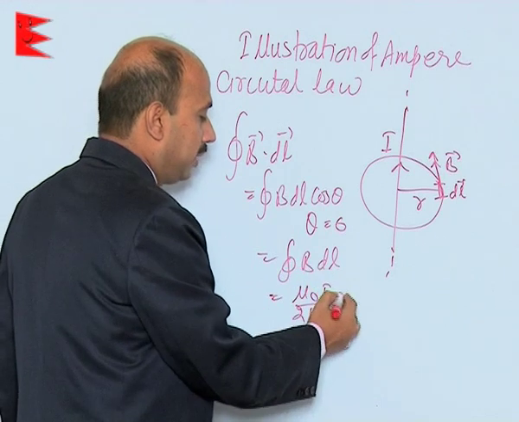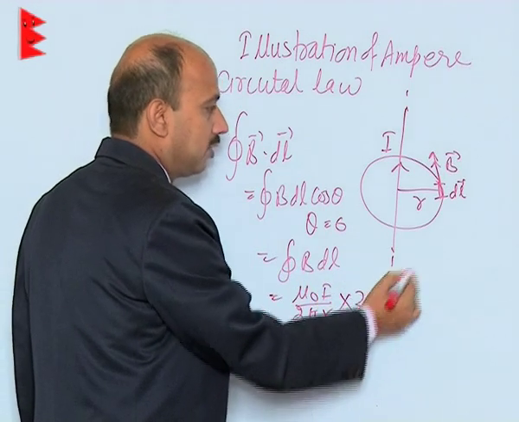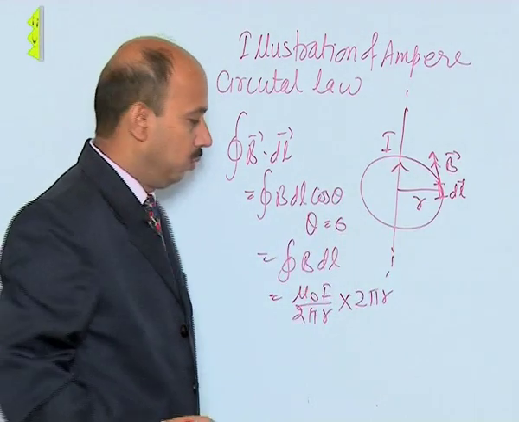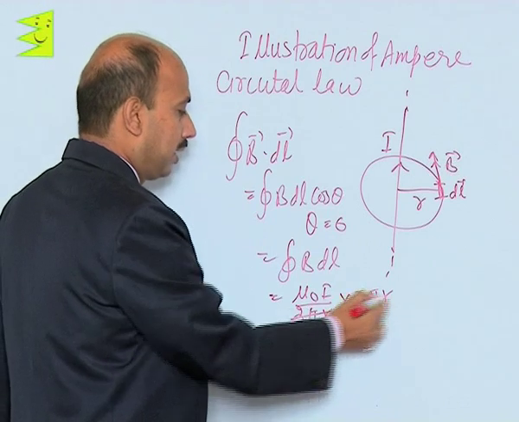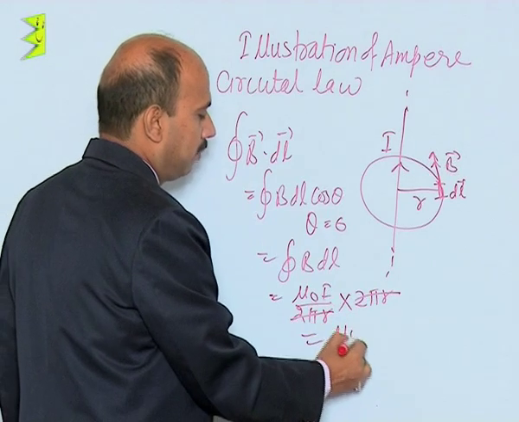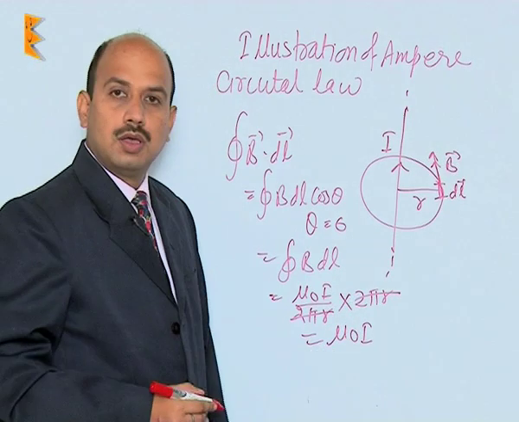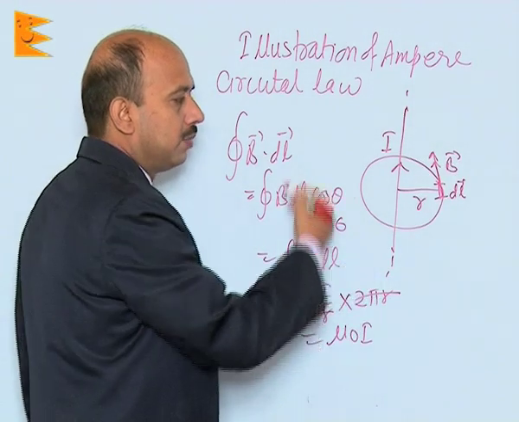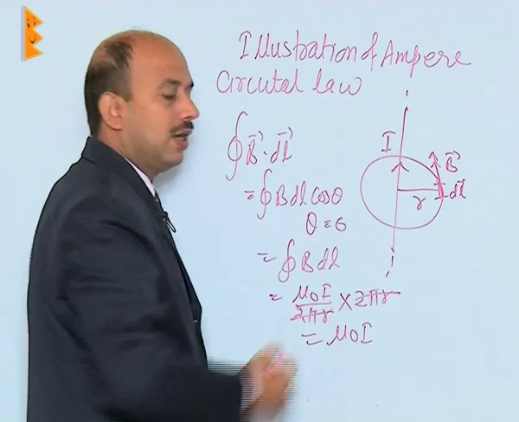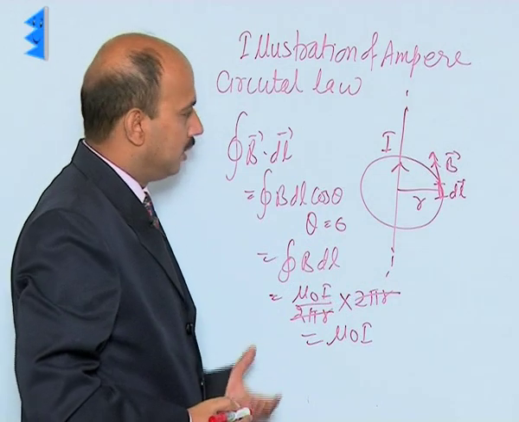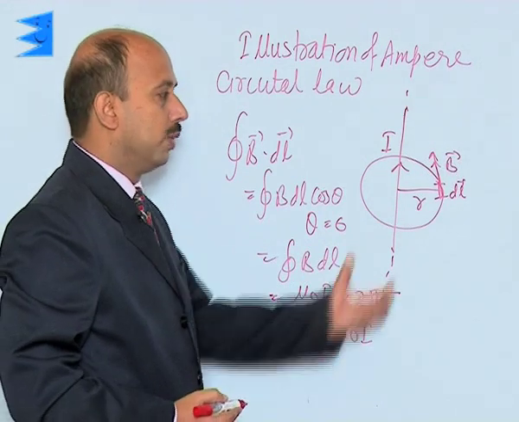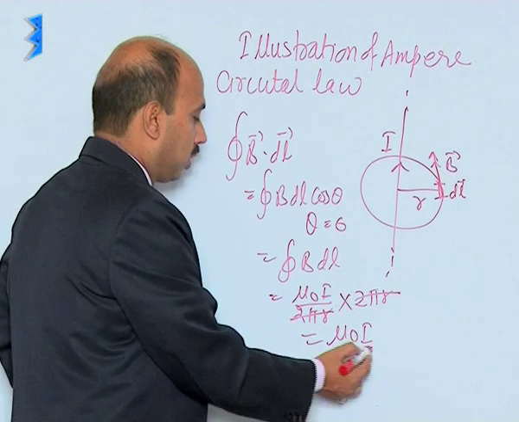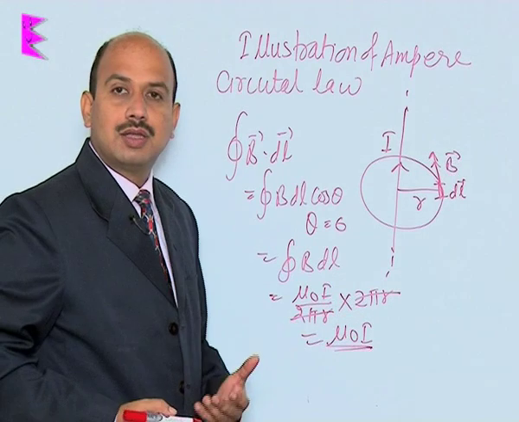Then the integration of dl we can write as just 2 pi r, this is along the circumference of this Amperian loop, and this will get cancelled. So, we will get mu naught I. So, we have taken the Amperian loop and the magnetic field due to an infinitely long straight conductor at a point, and then we have integrated over the closed path. So, we have got mu naught I, which is Ampere's circuital law.